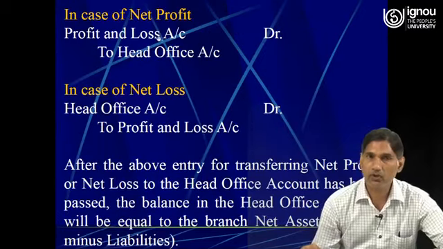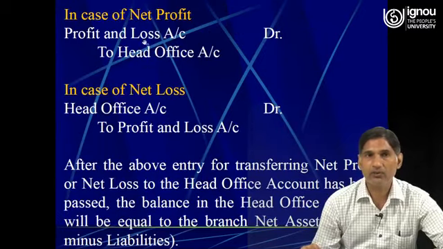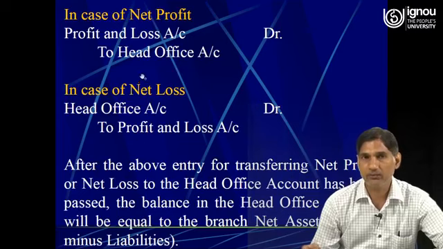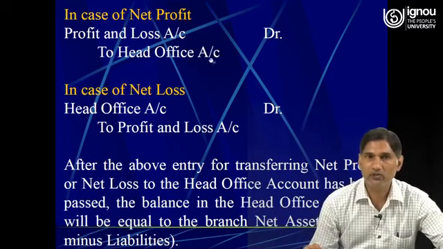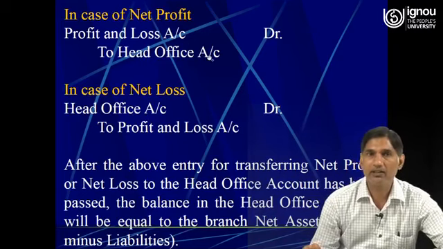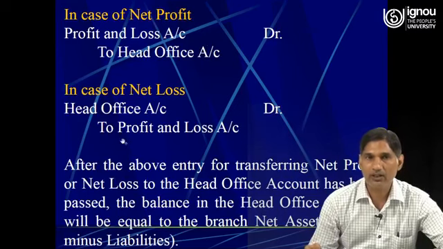In case of profit, the journal entry would be Profit and Loss Account debit to Head Office, and in case of net loss the entry would be reversed. It means here the head office account has been credited in case of net profit. In case of net loss, the head office account will be debited and the profit and loss account will be credited.